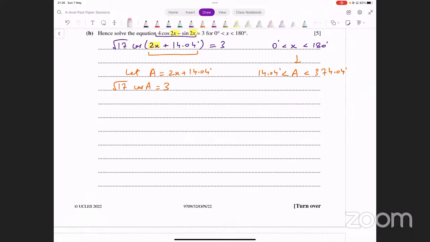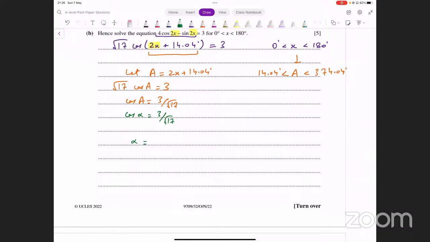ठीक है? Now, what do we do at this point? We find the basic angle. We say cos of alpha equals 3 over square root of 17. Let's find the basic angle first of all. Cos of a is 3 over square root of 17. Basic angle आपको find करना है. What about the value for alpha from this?